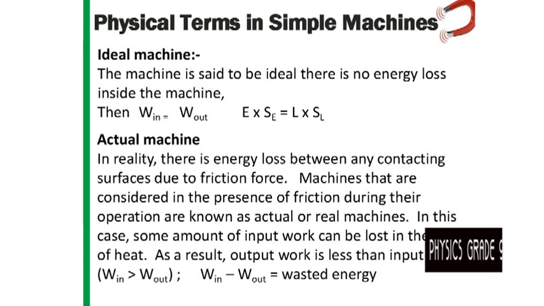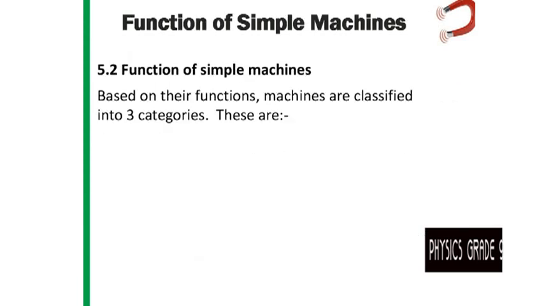So in a real machine, the work input is greater than the work output. From this we can determine the wasted energy, the energy that we don't particularly need in order to operate the machine. It is the work input minus the work output, and that is equal to the wasted energy.